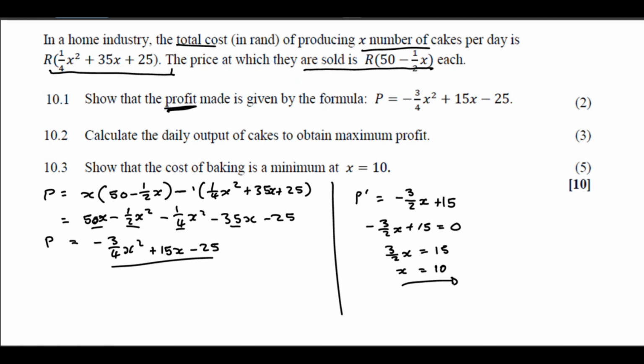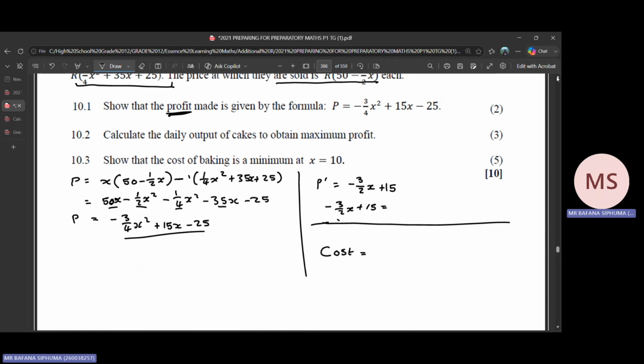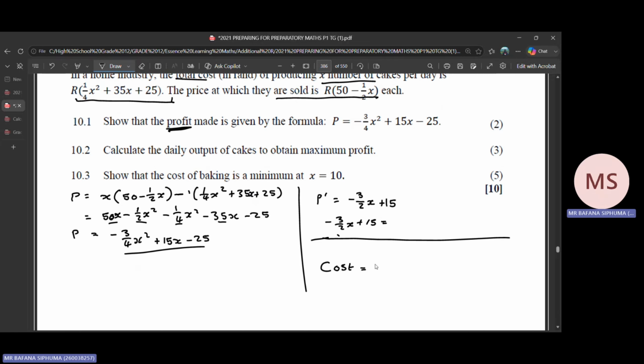Let me create this piece so that we have our formula. Is it the profit? No, it's the cost. It was equal to 1 over 4 x squared plus 35x plus 25 over there.